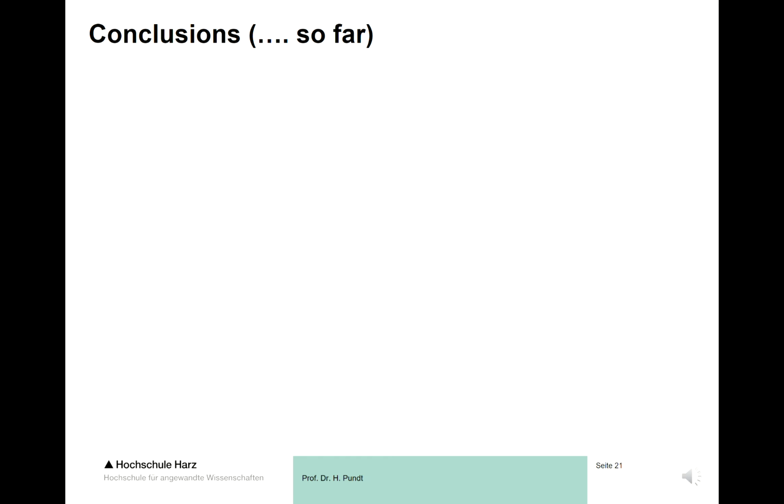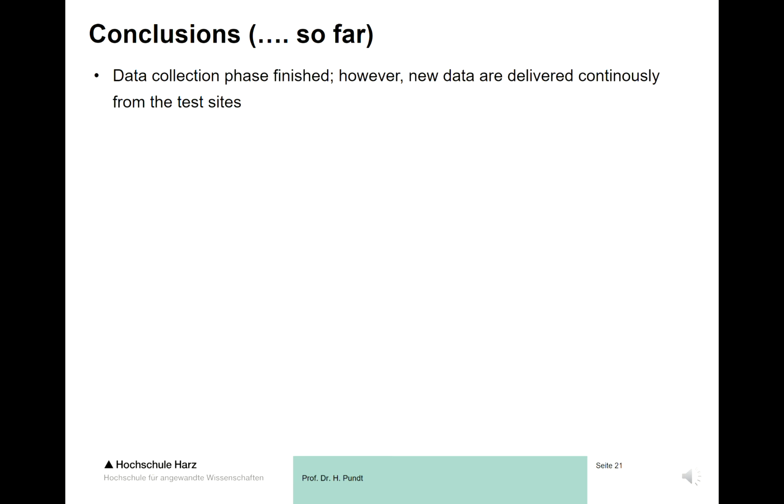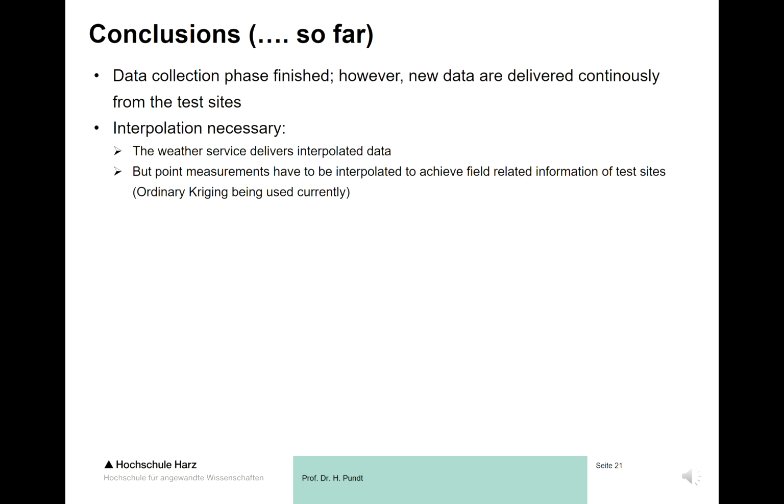As I said, this is work in progress, and here I would like to give some conclusions. The data collection phase is finished in the sense that we have all the means to provide the data. Of course, new data is still collected at the test sites. Interpolation is a central analysis method.